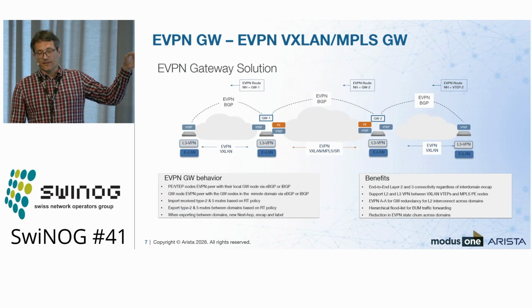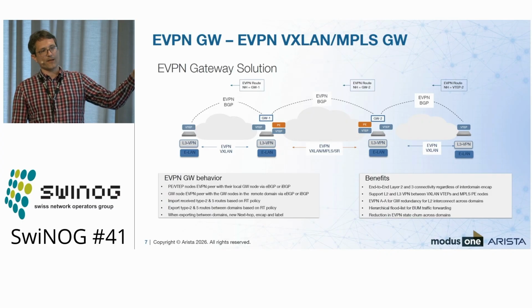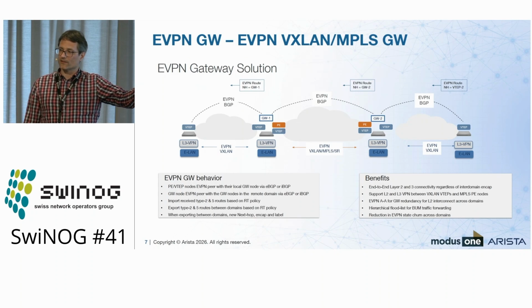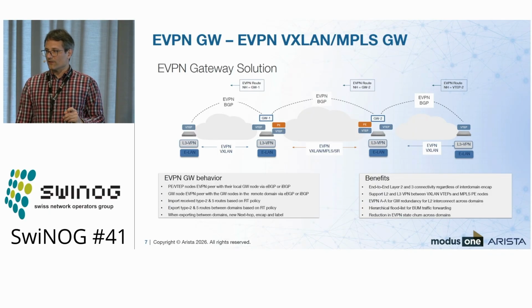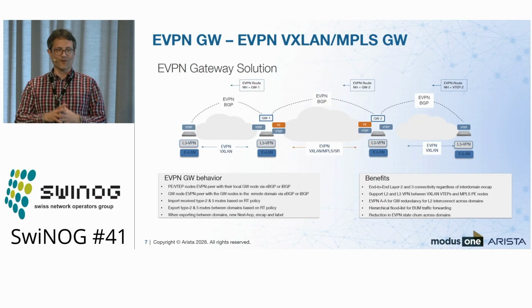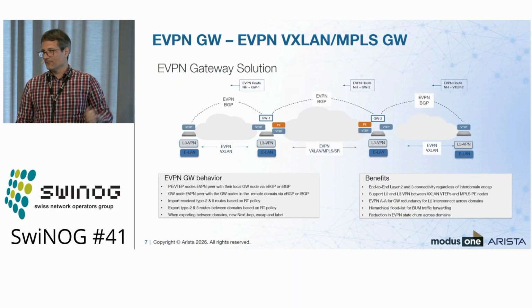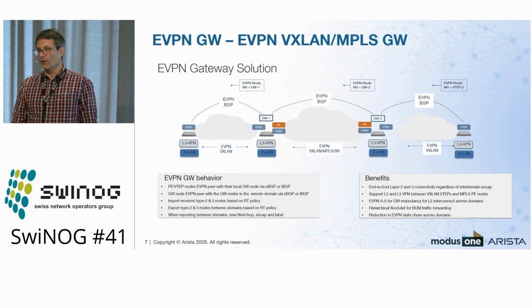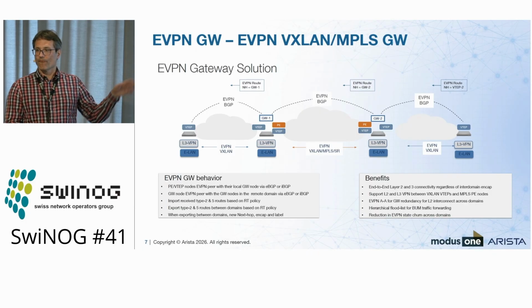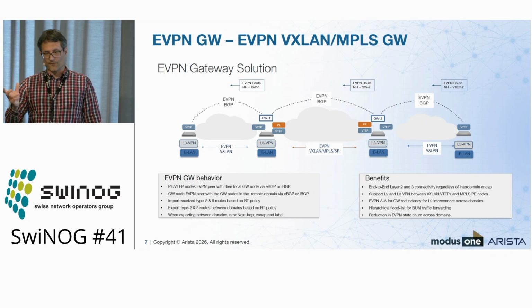Now, the routes that the gateway receives from its local data center, when it re-announces them to the other side, to gateway 2, it sets the next hop as itself. That's the basic mode of operations. So that the data center on the right receives these routes from its local gateway and not from all the switches, from all the VTEPs of data center 1. That's the first approach.